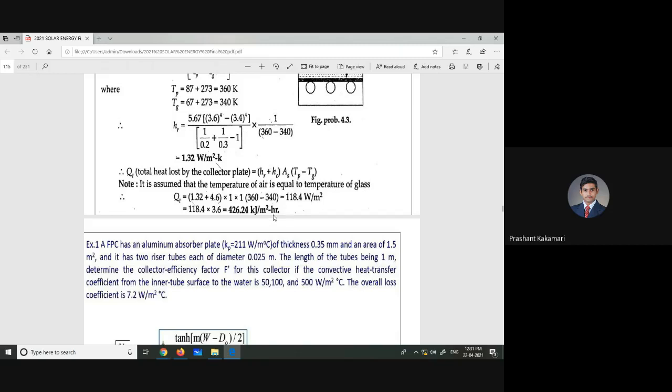To convert that, they have taken this multiplication, because watt is joules per second. To convert that to per hour, you multiply by 3600. Then you can check per hour, meter square, and kilojoules. With all these conversions, you may get around 426.24.